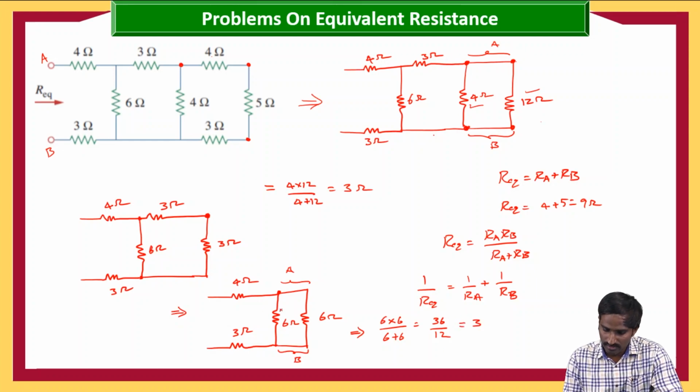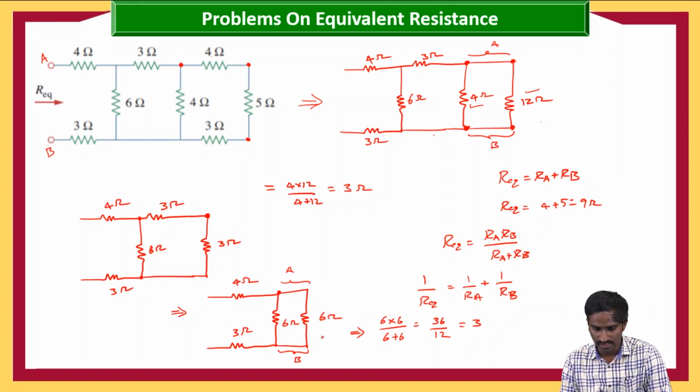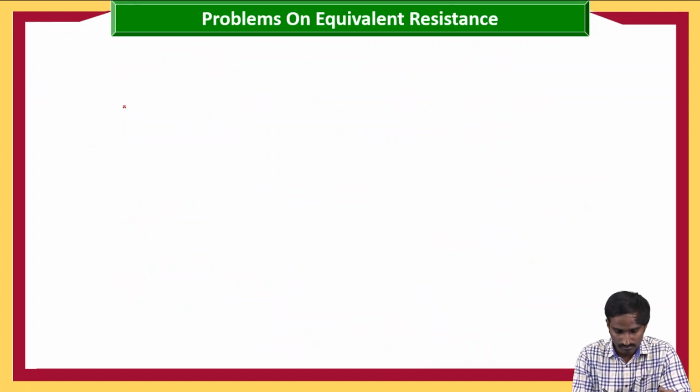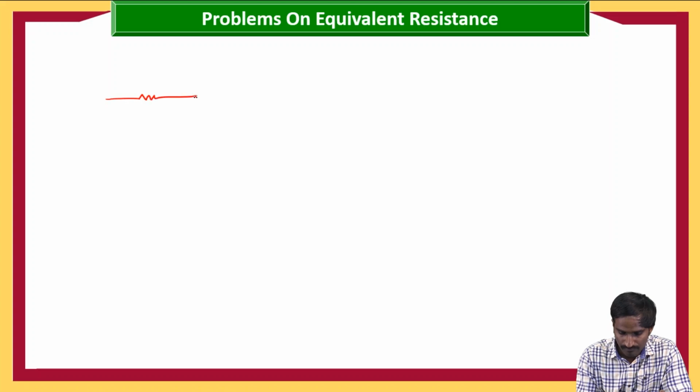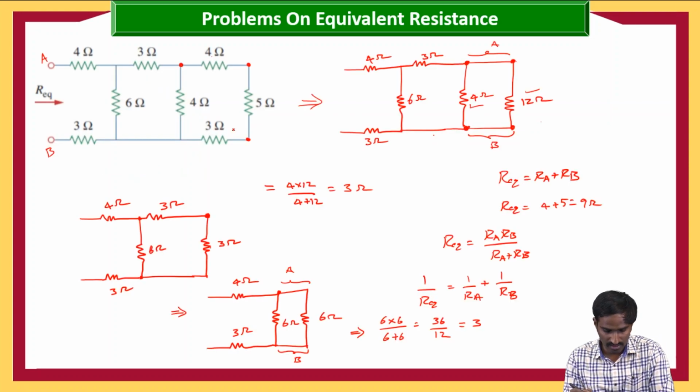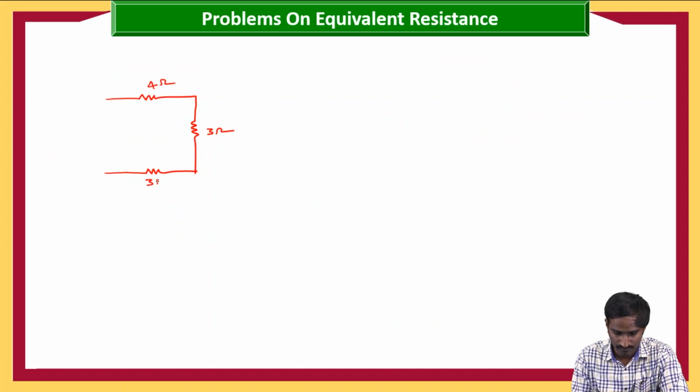Right. So then this circuit will become 4, and again here the 6 and 6 will become 3. Here it is 4 ohms, and here it is 3 ohms, and again here it is 3 ohms.